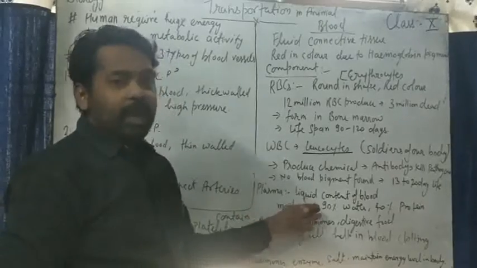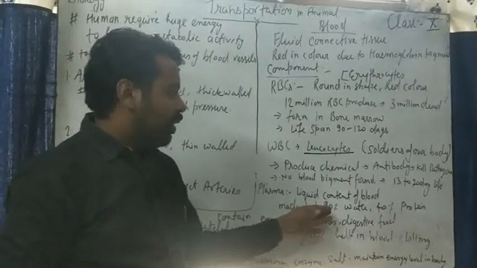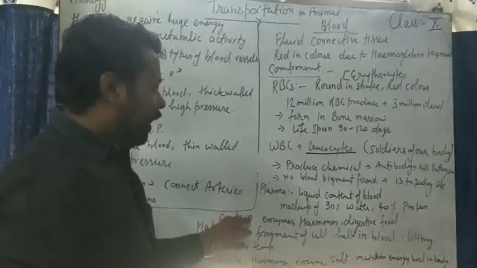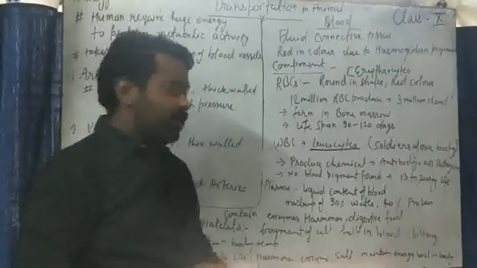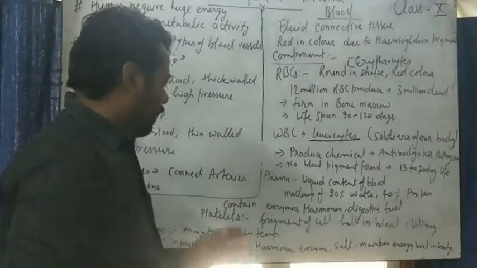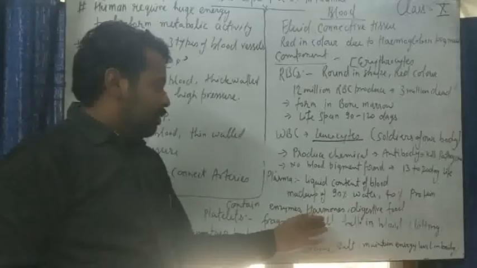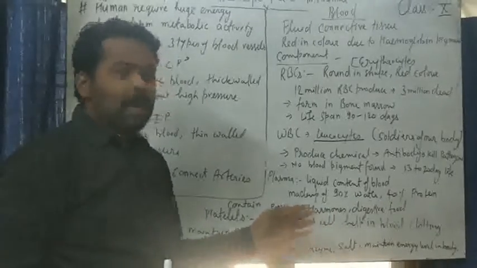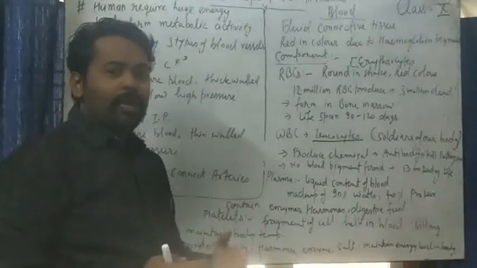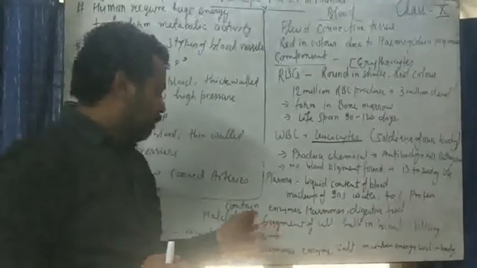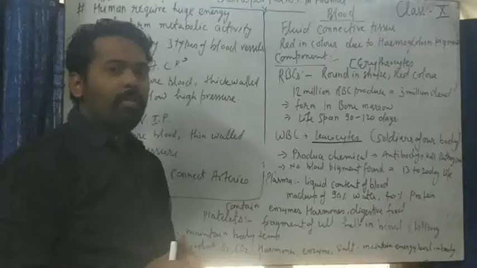It is made up of 90% water and the rest is protein molecule. It contains enzymes, hormones and digestive food material. Last is platelets. Platelets are called fragments of cell which help in clotting of blood. It means when we cut any place, when blood comes out, platelets help in clotting of blood.